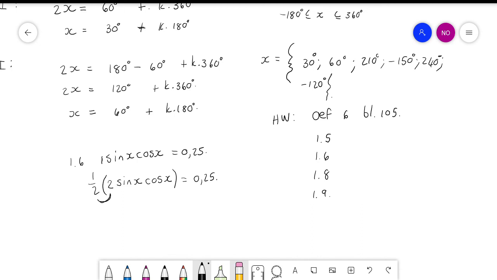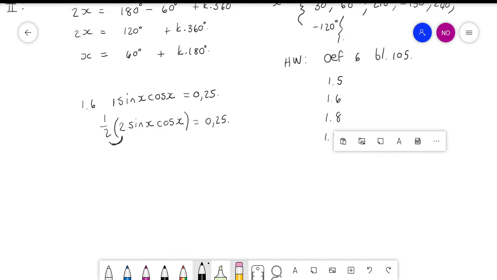Okay, and then also with number 1.9. Daai is nie my uitbreiding nie. My expansion is cos squared x minus sin squared x. So what do I do?